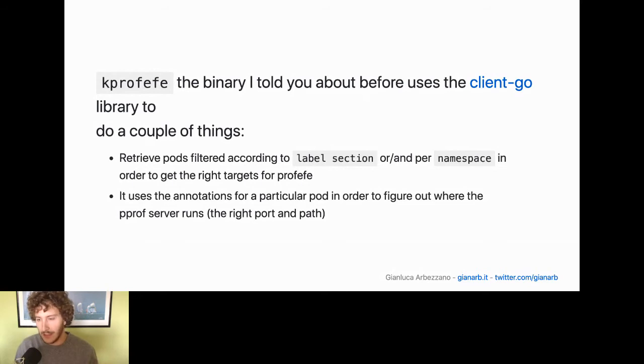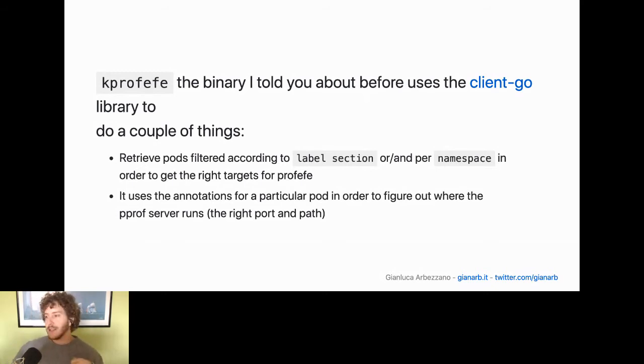And usually the list option filters by the labels that you specified, and you get a list of pods back. So you do a for over the pods, and I look for the pod annotation, the profefe enable annotation, that tells me, okay, this pod is a good candidate. And I also check if the pod is running, because if it's not running, I don't need to scrape it for a profile.